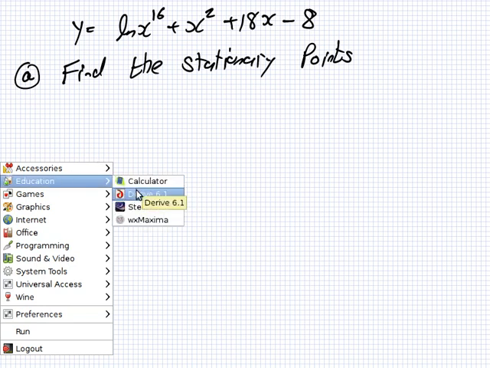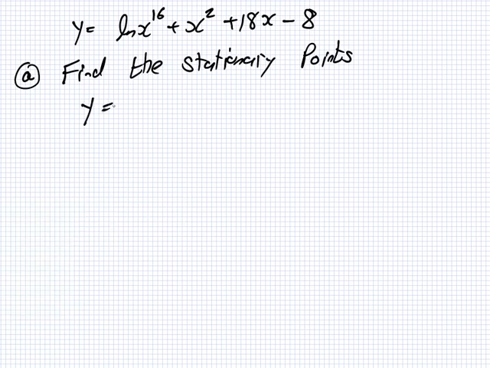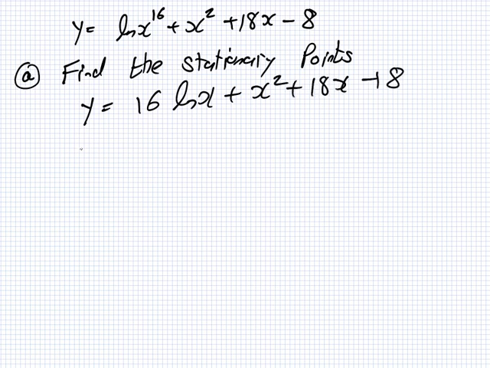Okay, let's have a look here. So first, before I even start, I should change this into y equals 16 log x plus x squared plus 18x minus 18. Well, yeah, minus 8, thank you. I suppose it won't matter now because when I differentiate, it's gone anyway.